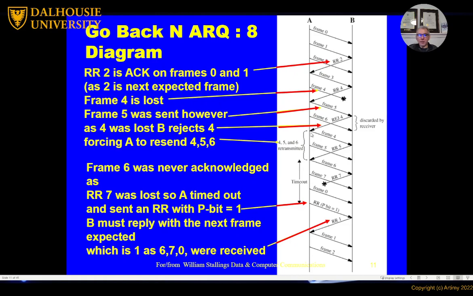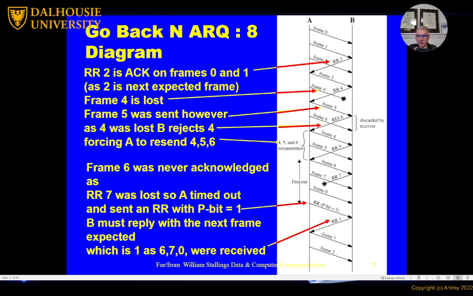Once it receives reject 4, A says, okay, B hasn't received 4, that's why it is sending me reject 4. So I am sending frame 4 again, and not just frame 4, but all frames that were sent after 4.